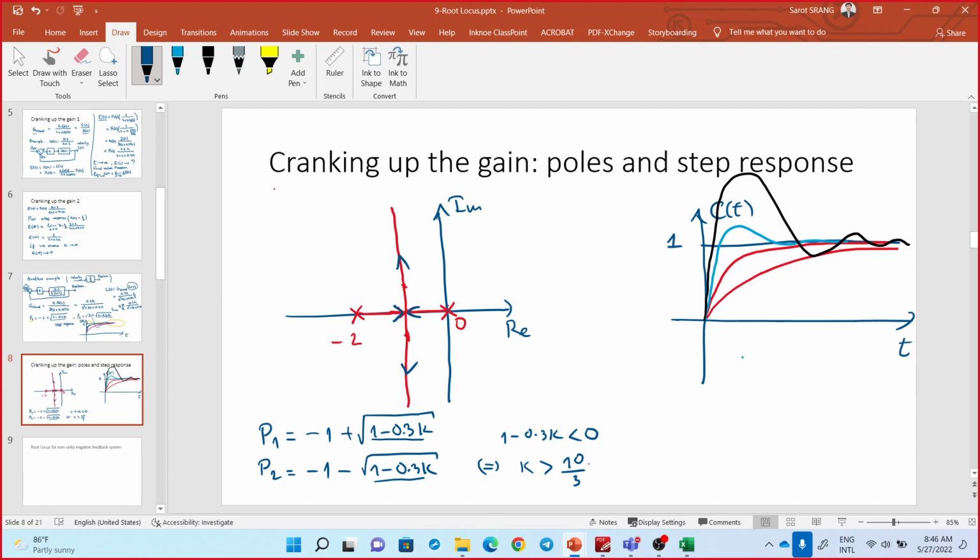As long as the closed loop poles are on the real axis, you have this kind of response. But when the poles become complex conjugates, the farther away from the real axis, the more oscillation, like this.